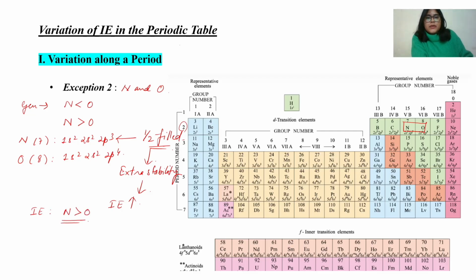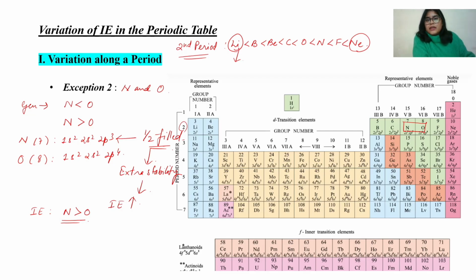So for the second period, if we have to write the order of ionization enthalpy, it would be lithium, followed by boron, beryllium, carbon, oxygen, nitrogen, fluorine, and neon. The least would be for lithium. The most would be for neon.